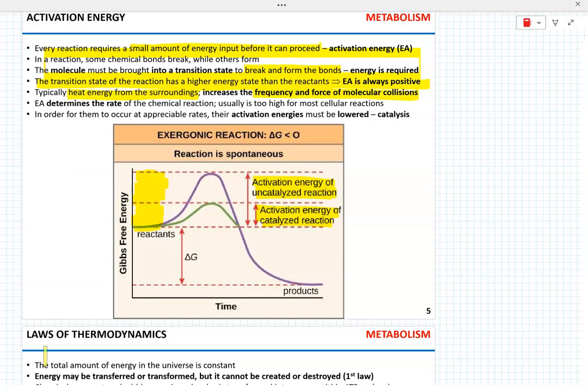Essentially, the activation energy determines how fast the reaction will proceed. Most cellular reactions are characterized by activation energy that is too high for them to run spontaneously. So in order for these reactions to occur at reasonable rates and to maintain cellular metabolism, the activation energy is lowered by catalysis.